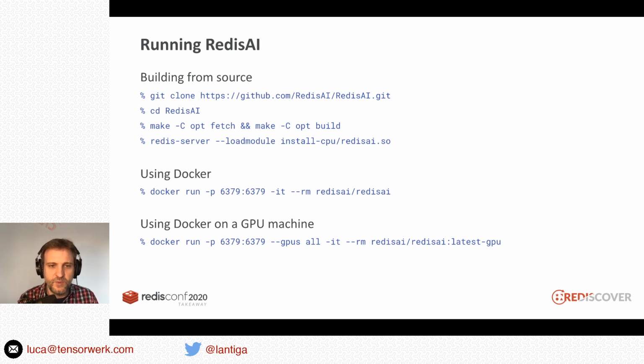Once you build it, or download a pre-built RedisAI library, you just have to invoke redis-server with loadmodule and point it to the right shared library. We also provide Docker containers because it's a very effective way to get up and running with just one command. And so you can run Docker on a CPU instance, or for example, on a GPU machine.